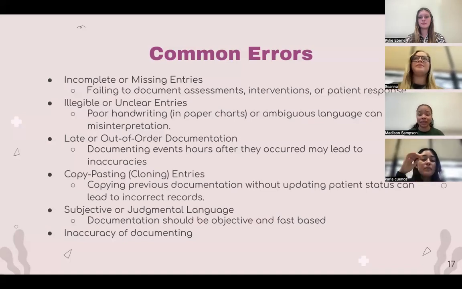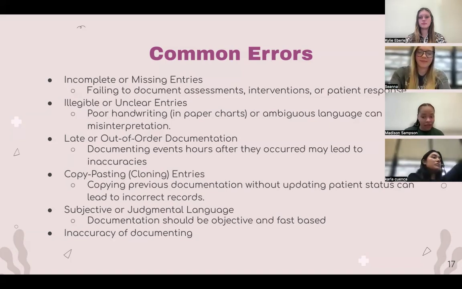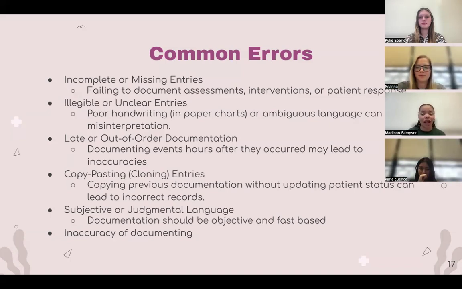Clear documentation is essential. Late or out of date documentation. A delay in documentation for hours can result in missing details or inaccuracy.